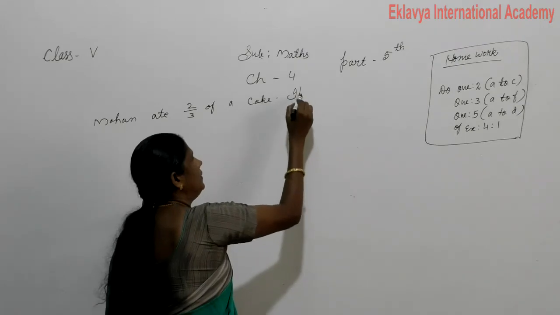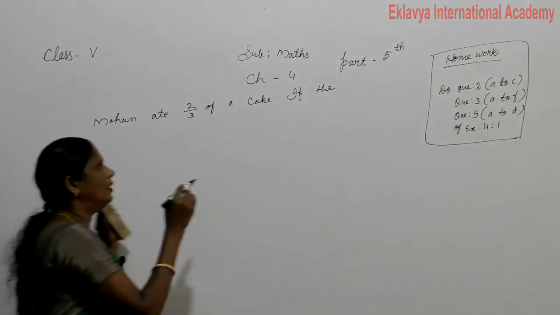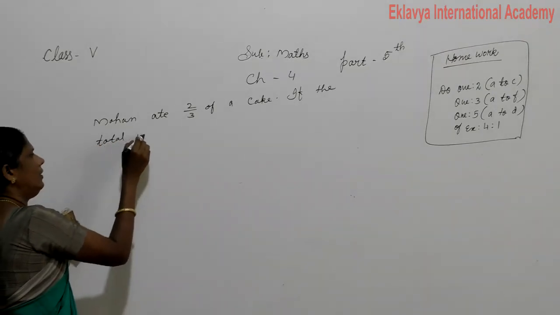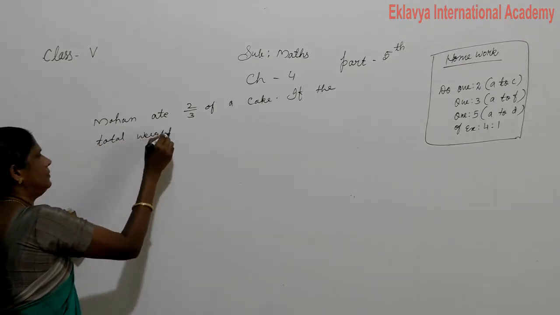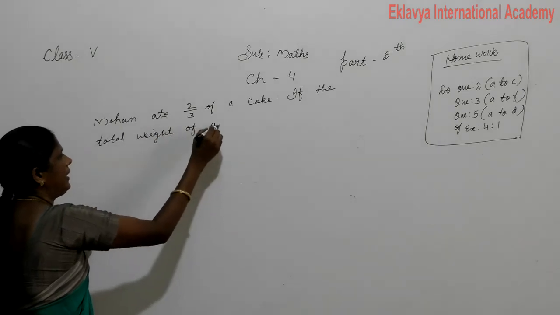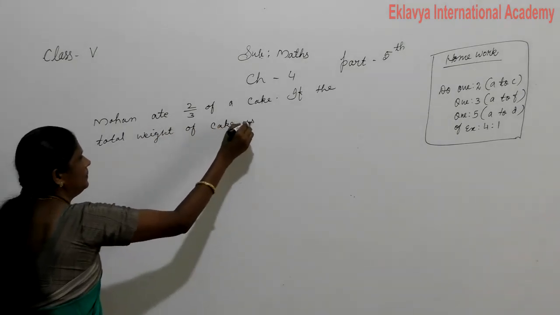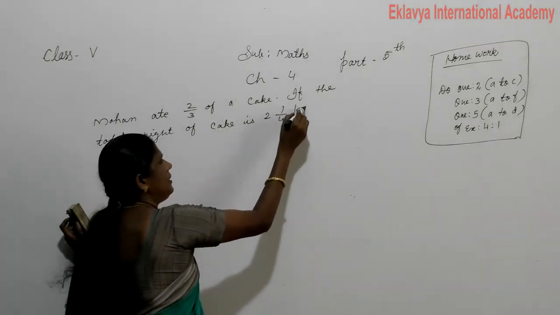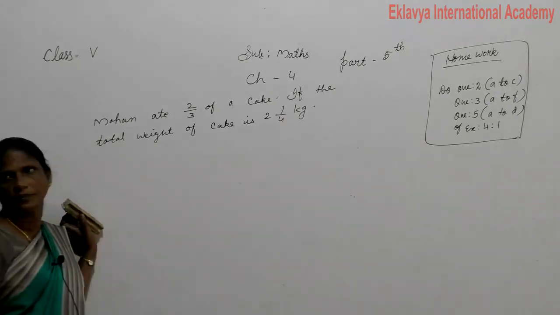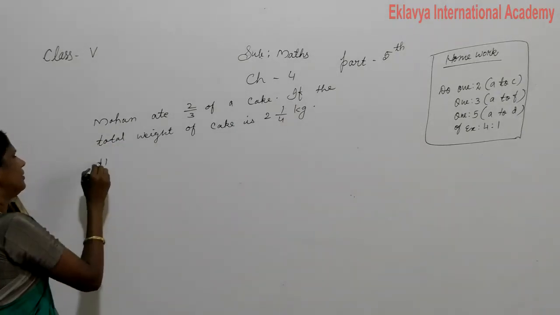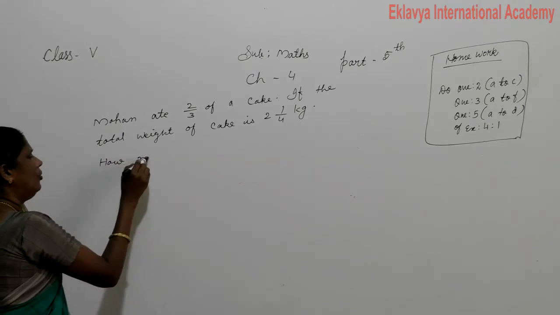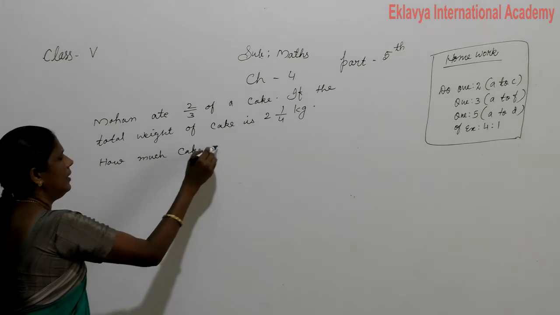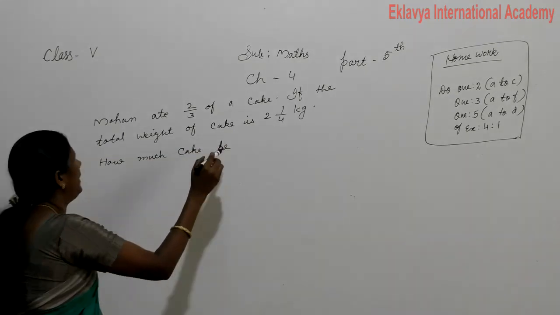If the total weight of the cake is 2 1/4 kg, how much cake did he eat?